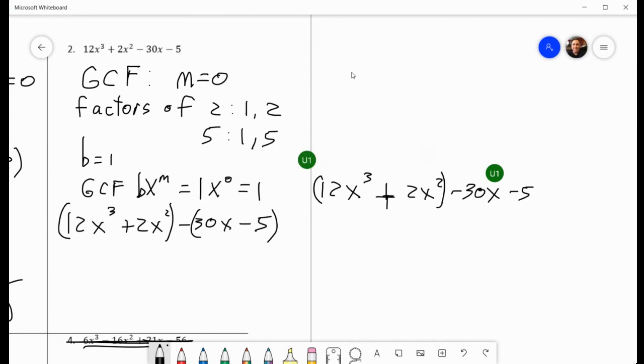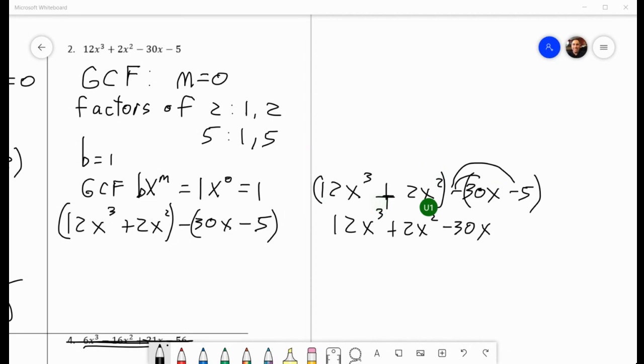Let's say again I did this without thinking. If I were to distribute this negative like so, what am I going to get? Minus 30x, that's from the first negative, but then I would have plus 5.